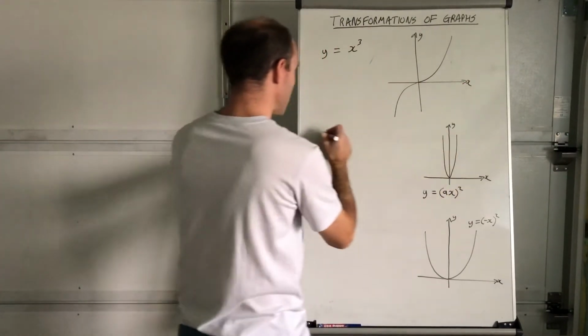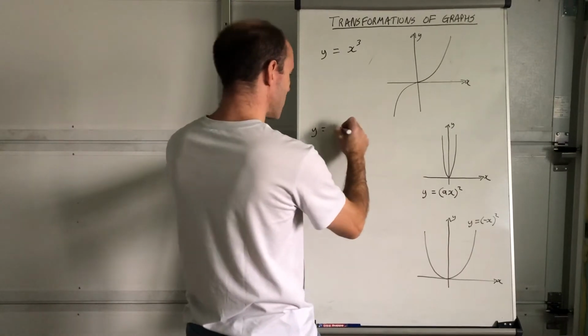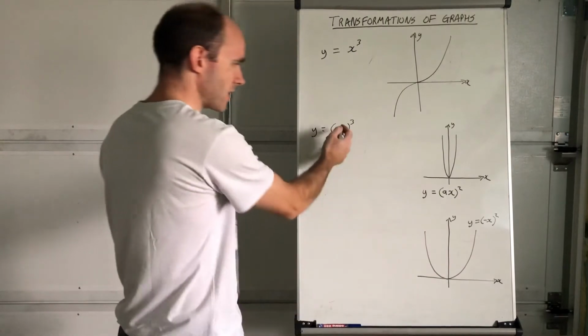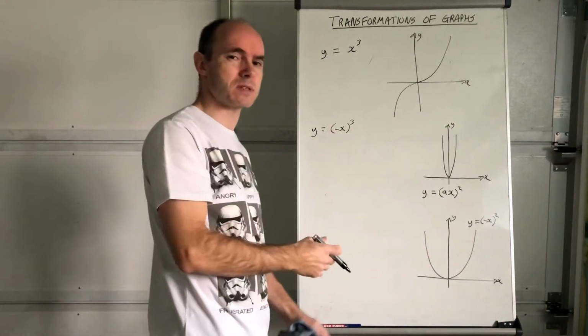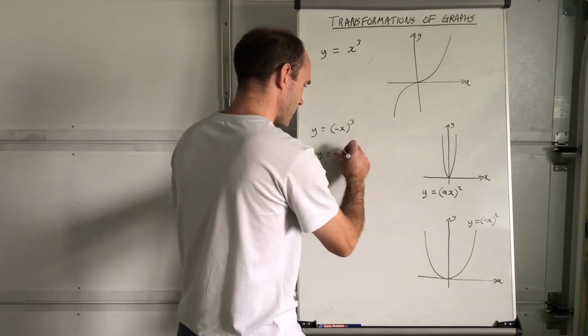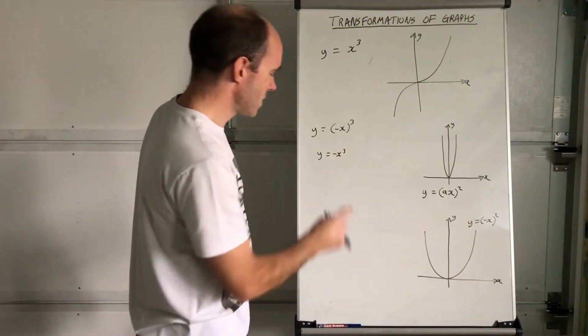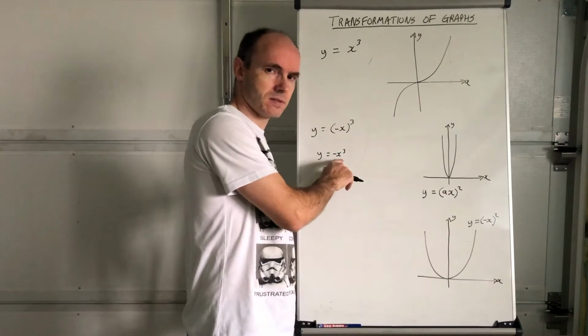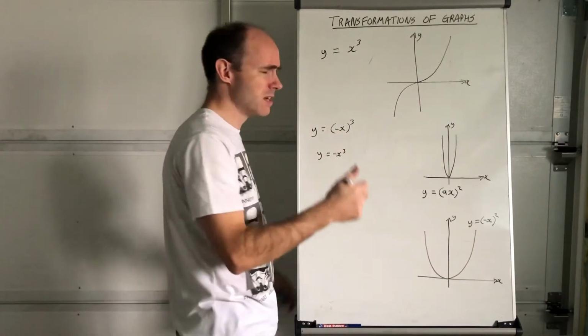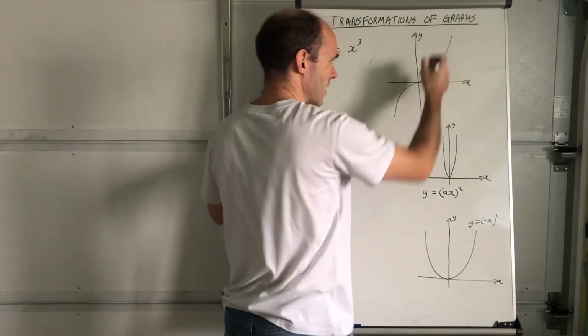Okay, and then let's consider y equals negative x cubed in brackets like this. The graph of negative x cubed, when you expand the brackets, is the same as y equals negative x cubed. It's the same as that, is what I'm saying. Okay. All that means is when you've got a positive value of x, cube that, and then multiply by -1, the value of y is negative. So for all positive values of x, you get negative values of y.